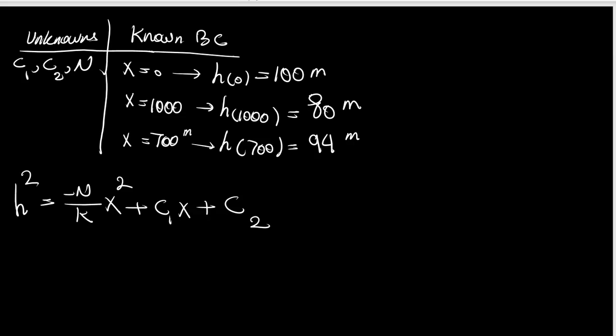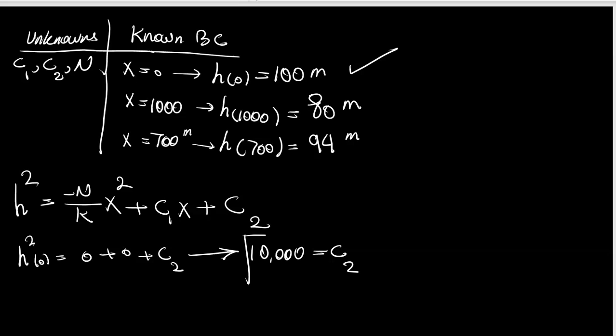If I apply this boundary condition into this equation, if I substitute x with 0, h squared at 0 equals 0 plus 0 plus c2. This says that at h0 it is 100, so 10,000 will be my c2.